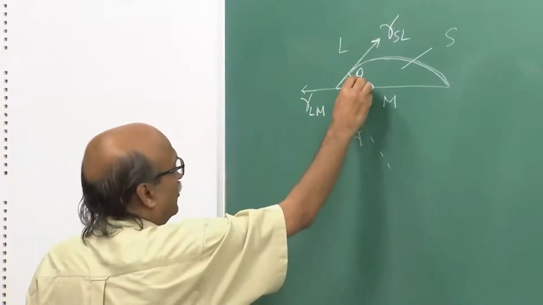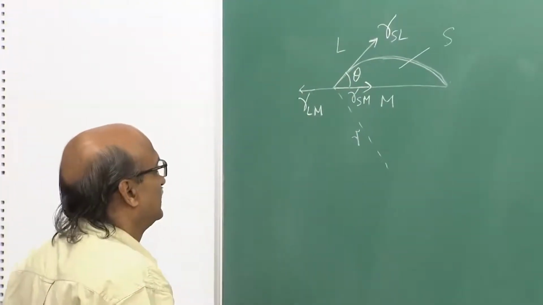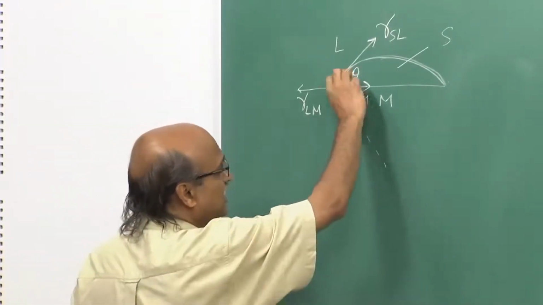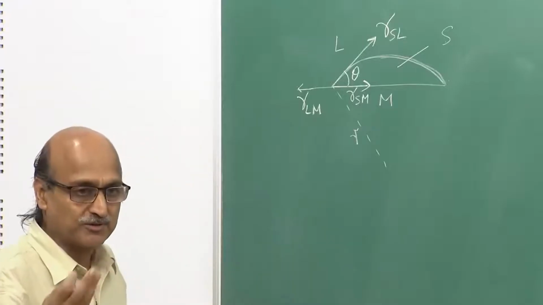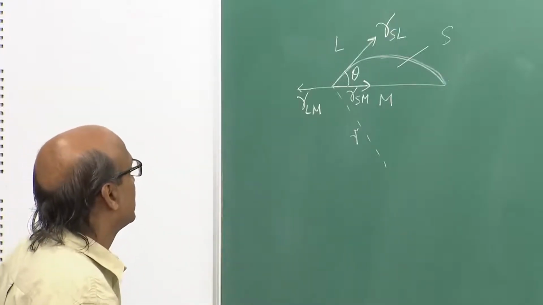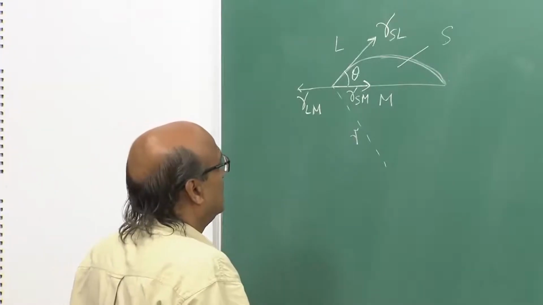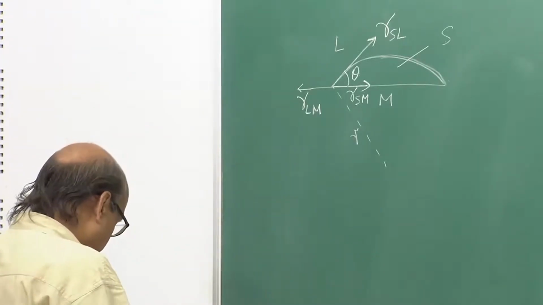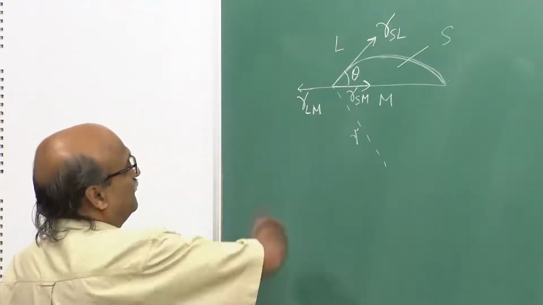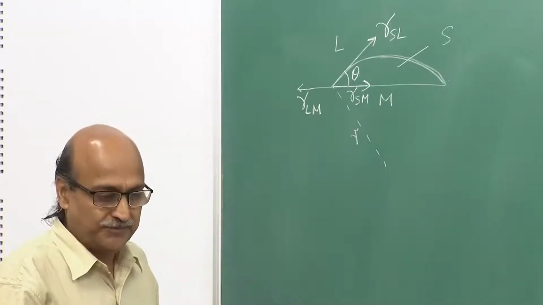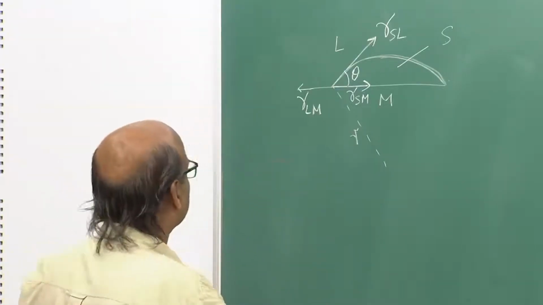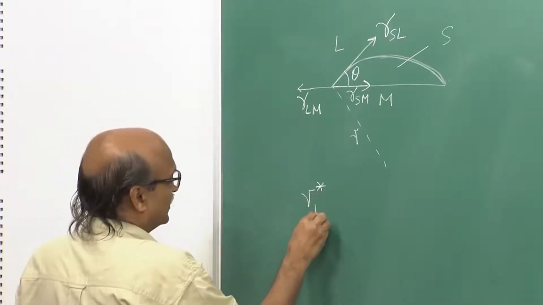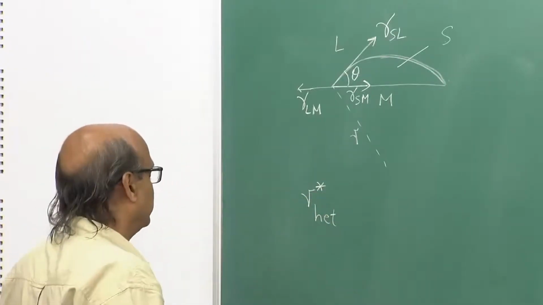So, depending now on the value of theta, the shape of the nucleus is determined, whether it is going to be a very thin spherical cap, or is it going to be a sphere, or it is going to be a semicircular shape. Now, when we determine what is the critical size for such a nucleus, one gets exactly the same expression as one got for homogeneous nucleation.